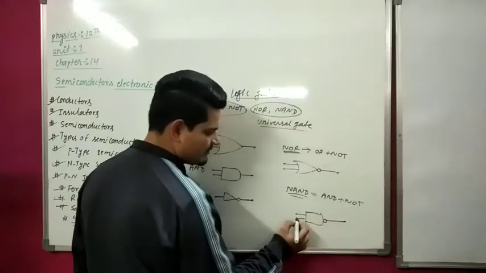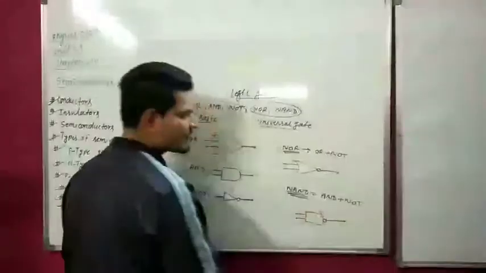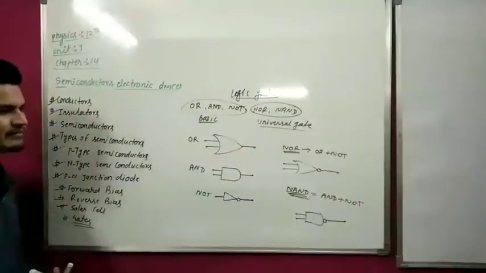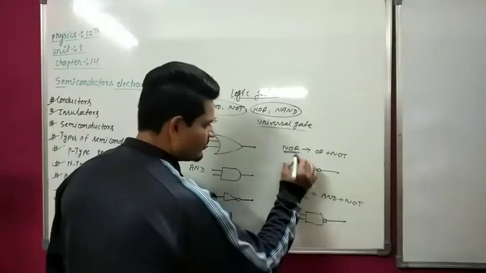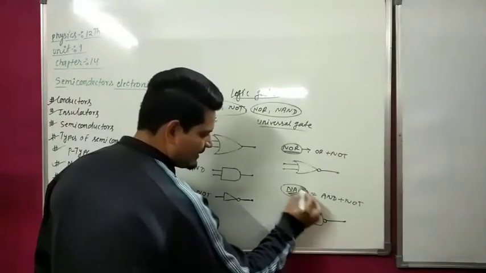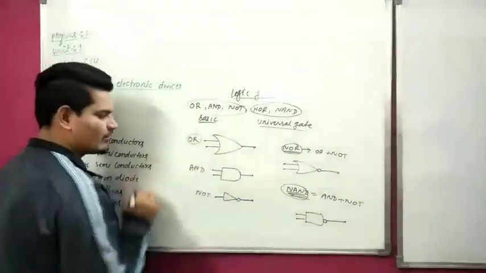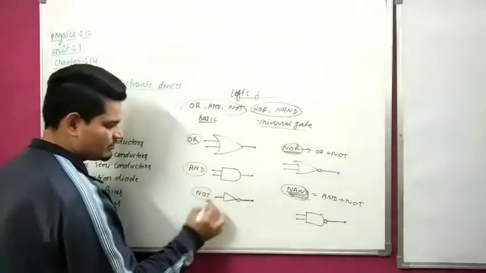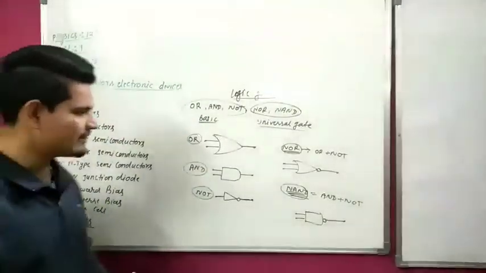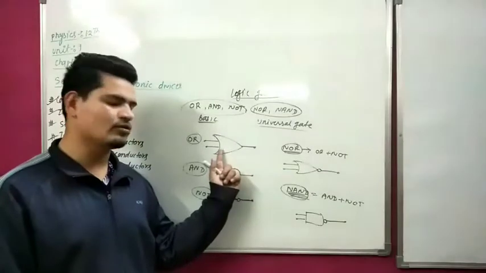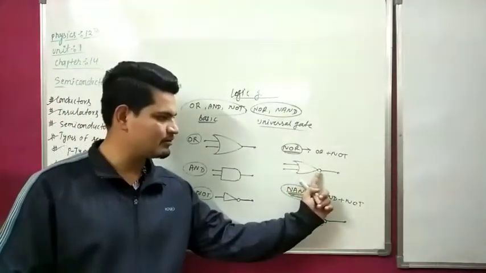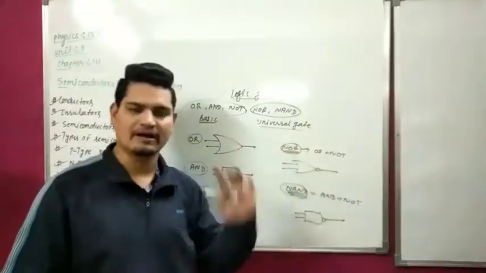So this becomes a NAND gate. So there are 5 types of gate. This is our NOR gate, this is our AND gate, this is our OR gate, this is the AND gate, this is the NOT gate. So you can see the difference. This is an OR gate, but this is OR plus NOT. So OR plus NOT is called a NOR gate.